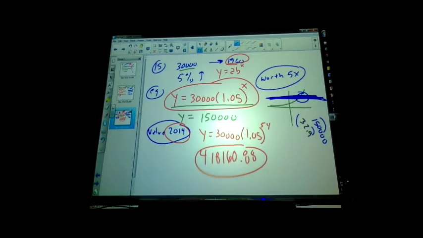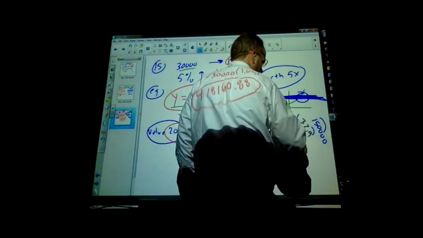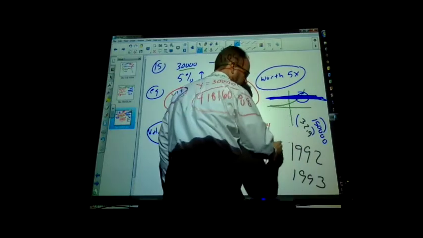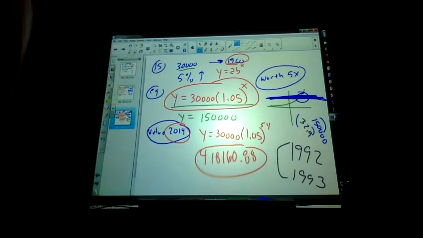So in 1992, approximately, or 1993 depending on if you round it, your land is worth 5 times its value. Do you think if you held on to something for 33 years and it became worth 5 times its value, that would be a pretty good investment? I would hope so.